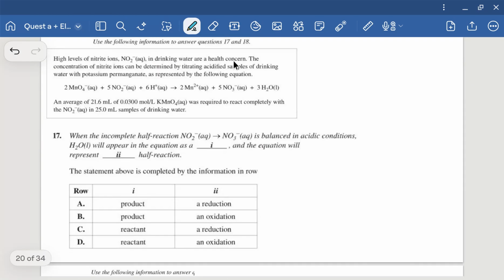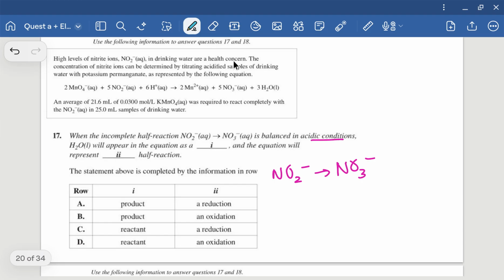Okay. Looking at this one, we have some information of our total reaction, and then it says when the incomplete half reaction of NO2 negative going to NO3 negative is balanced in acidic conditions. So I would just quickly balance this half reaction in acidic conditions.